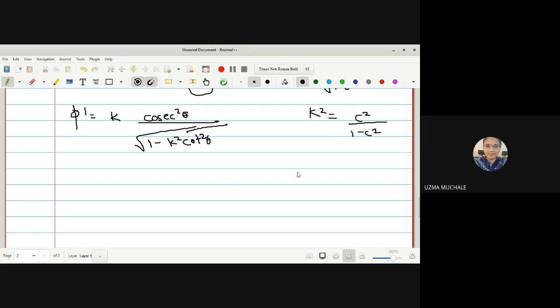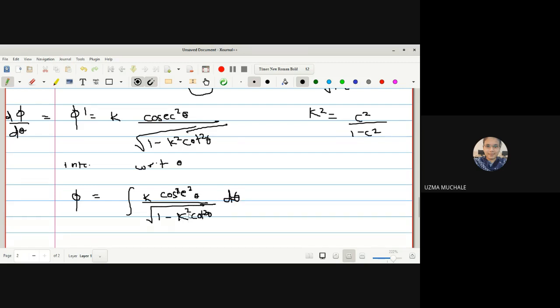Now again we have to integrate and we have to find out the solution. Integrating again with respect to theta. Why are we finding integration with respect to theta? Because phi dash is d phi by d theta. So integrating with respect to theta, integration and derivative will get cancelled and it remains with phi is equal to integration of the term k cosec square theta divided by under root of 1 minus k square cot square theta.